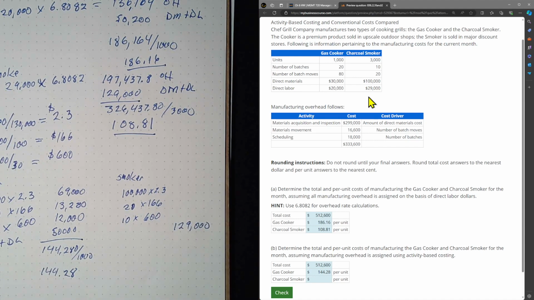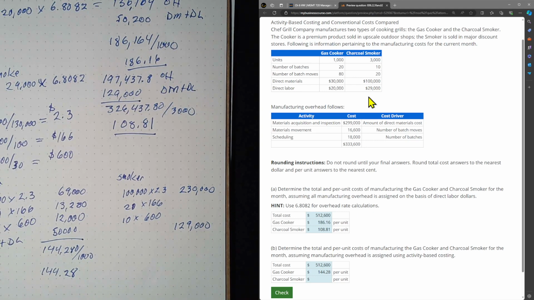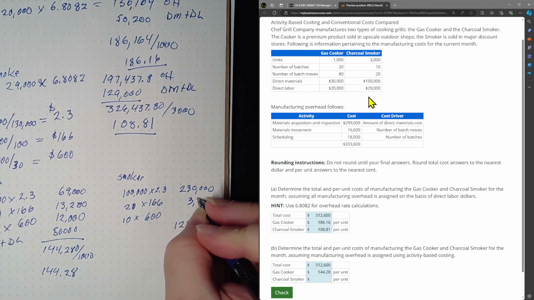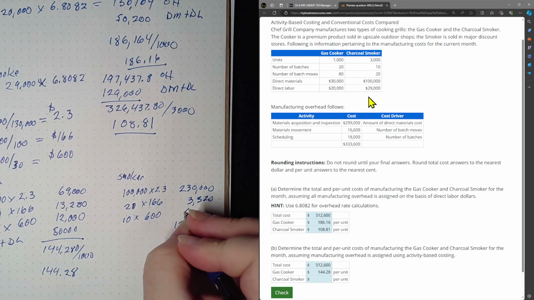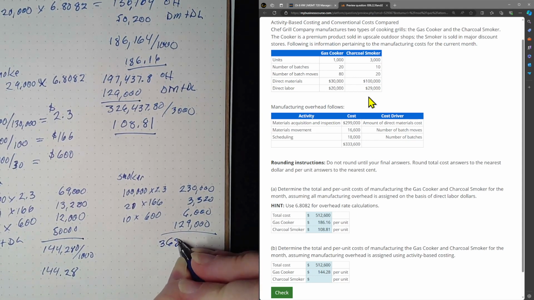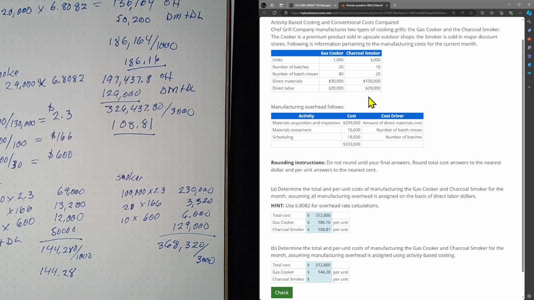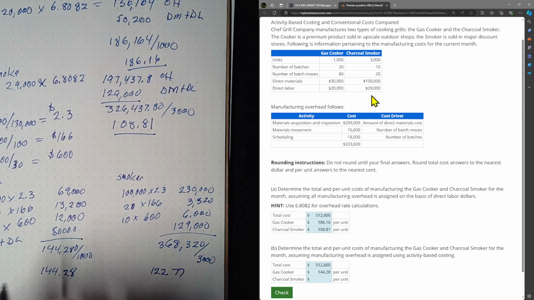So let's figure these out. Comes to 368,320 divided by 3,000 units, right? Equals 122.77.